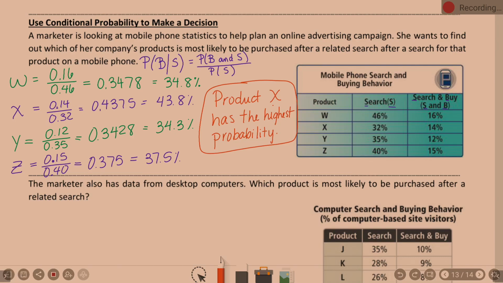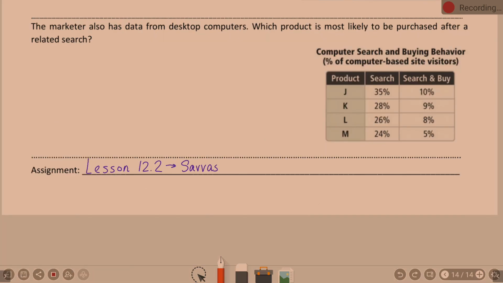The marketer also has data from desktop computers. Which product is most likely to be purchased after a related search? Same. Again, you're given information about searched versus searched and bought then. Okay. So, similar setup here.